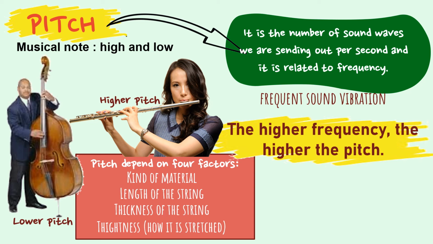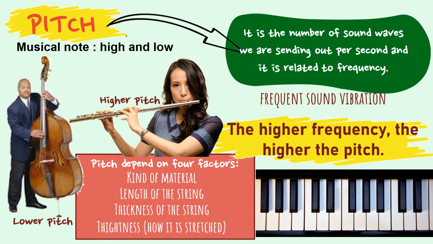This is because of the tightness, how it is stretched, the thickness, and the length of the string. We can also observe pitch in a certain organ or piano. We can say that the lower pitch is on the left and the higher pitch is on the right.